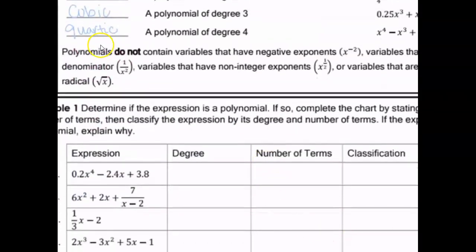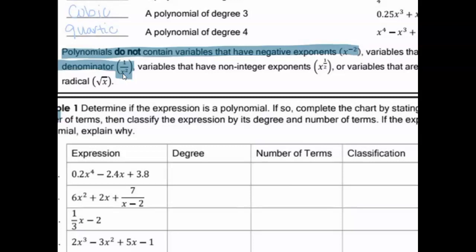Now, this is really, really important down here. Polynomials do not contain variables that have negative exponents. So if you have a negative exponent, it's not considered a polynomial. Neither are values that are in the denominator. So anything like this does not count. If you have a fractional x value, it's not considered a polynomial.